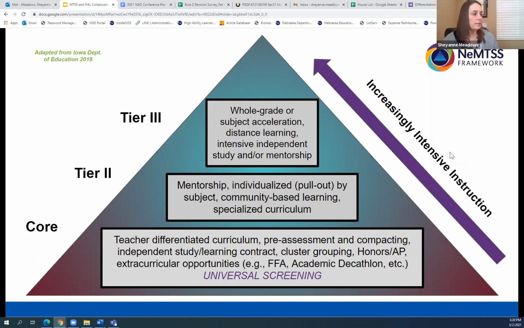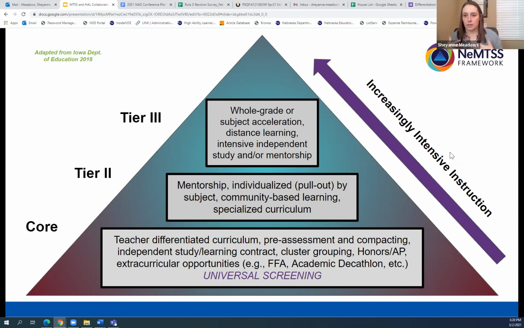So for example, in this bottom tier, which is core, a lot of high ability learners, teachers will need to do the classroom level differentiation, that compacting where we take out their mastered material, using those extracurricular opportunities such as FFA and 4-H and Quiz Bowl, and using those honors and AP classes. So in the core, that really does do a lot of good for high ability learners.